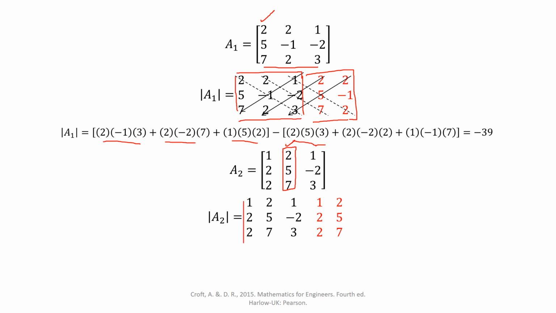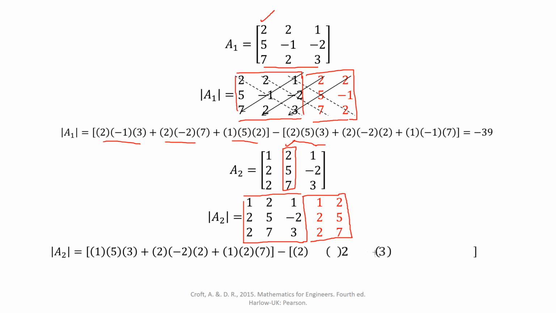So we write A2 first as it is, and then we repeat the first 2 columns here. Then we go for diagonal multiplications. So first diagonal, second diagonal, third diagonal, then from the other end, first diagonal, second diagonal, third diagonal, there should be minus between them in both square brackets. The answer is coming 13.